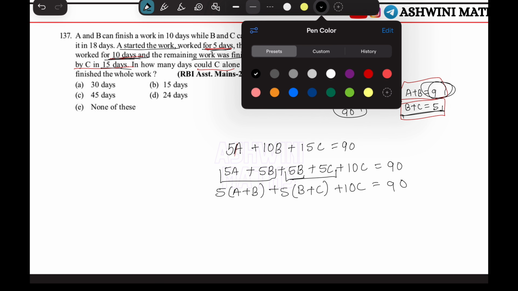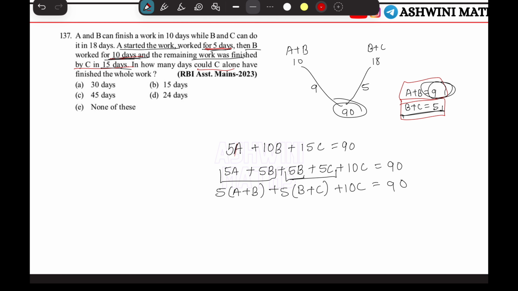Now if you put the value of A plus B is equal to 9, you can take 5 as common. If you take 5 as common, we will get 5 into A plus B, plus B plus C plus 2C is equal to 90.